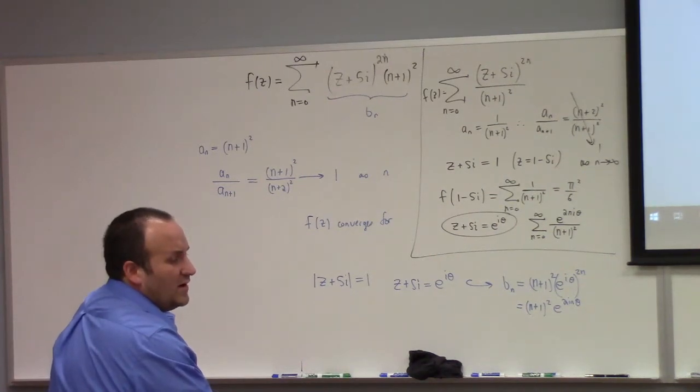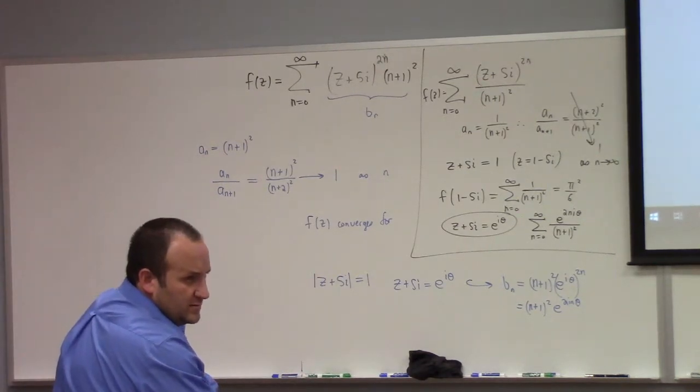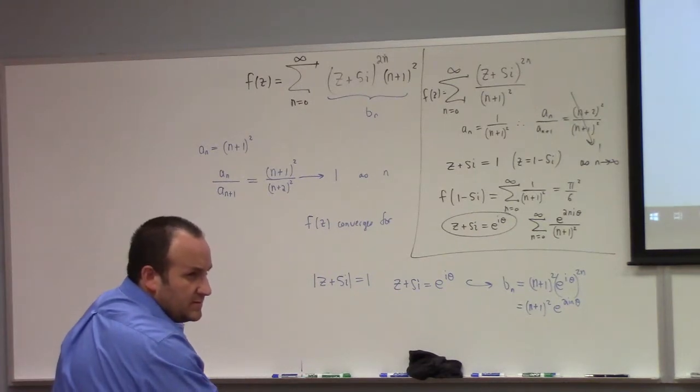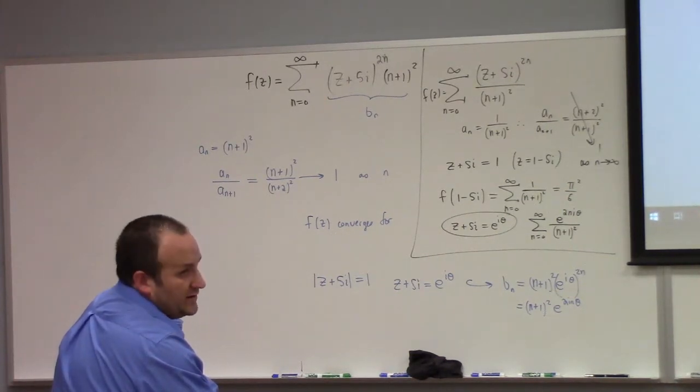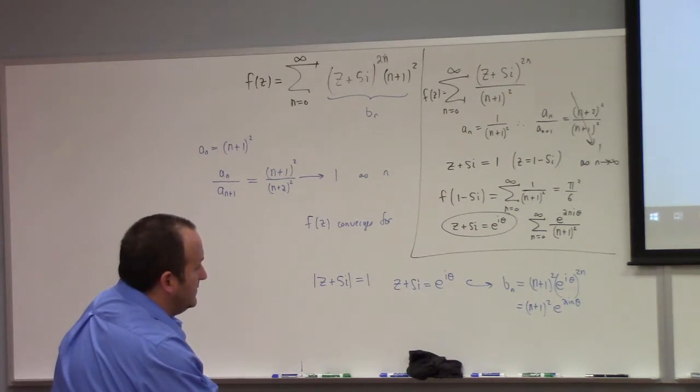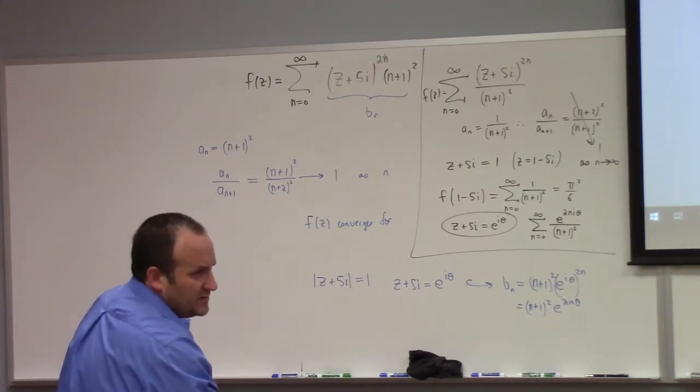Sorry, A sub n going to 0 converges, does it? Right? But we can do a comparison test, right? You can compare that series to, I think you can still prove it converges by comparison to p equals 2.